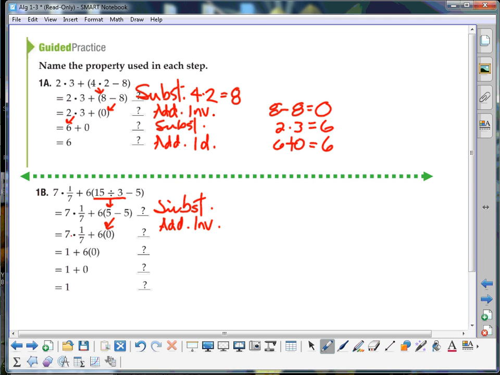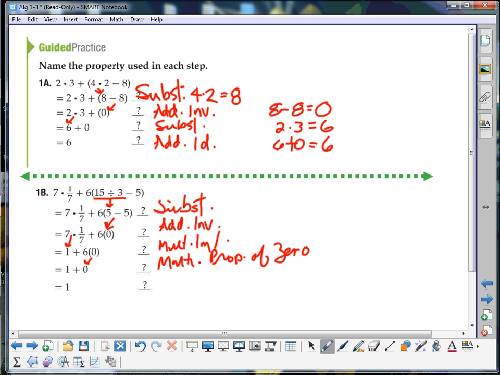And now 7 times 1 over 7 is 1, which is the multiplicative inverse, right? That's a property in that step. And then 1 plus 6 times 0 is the multiplicative property of 0, because 6 times any number is 0.